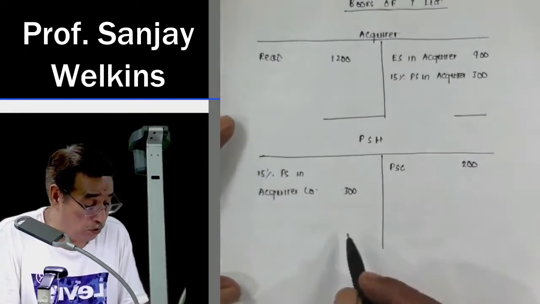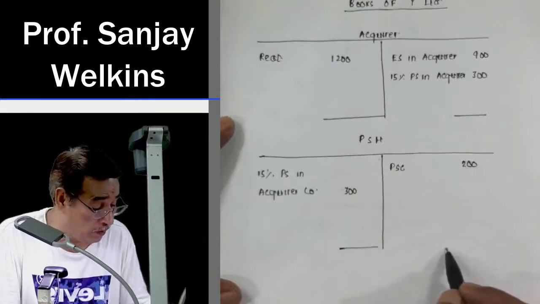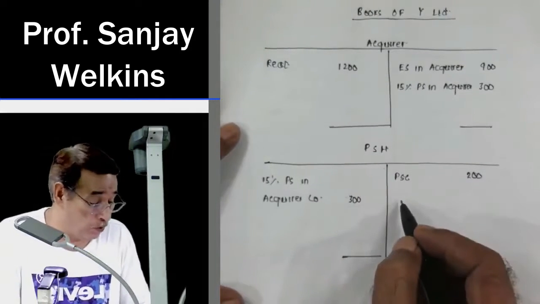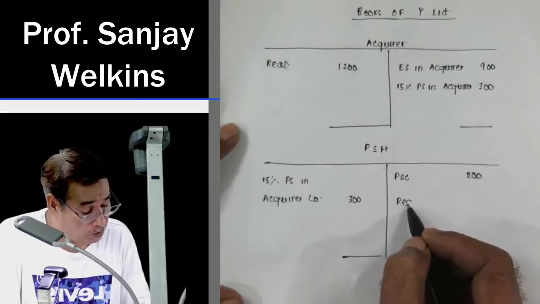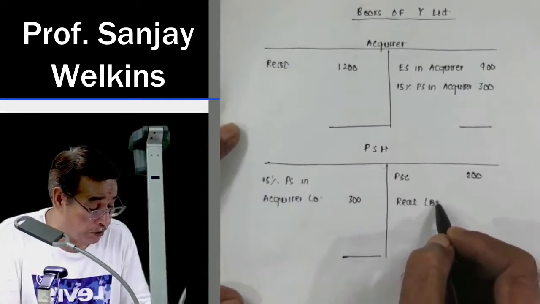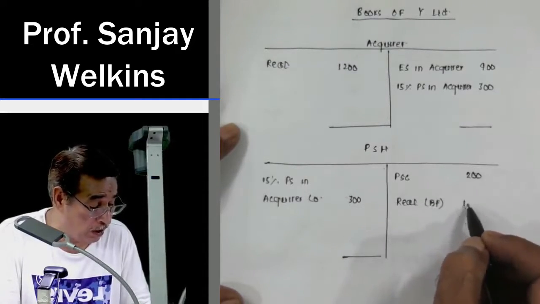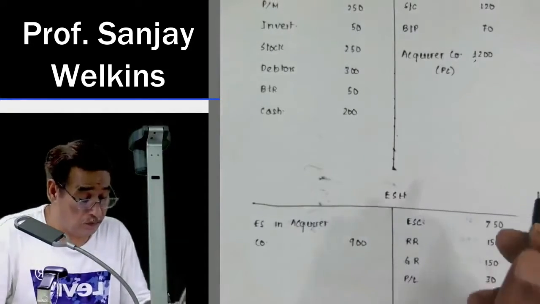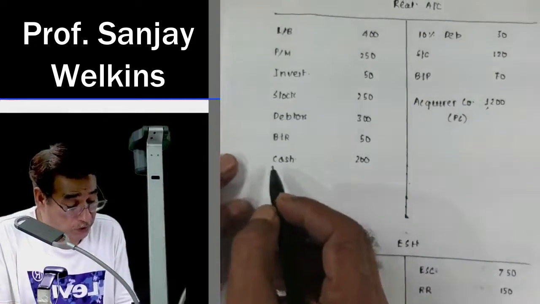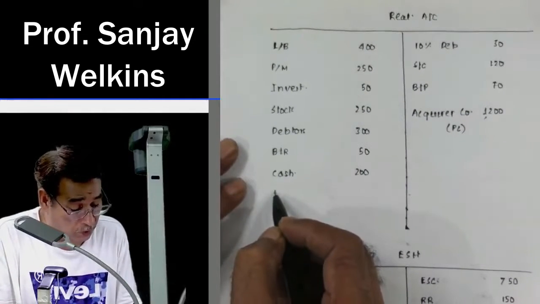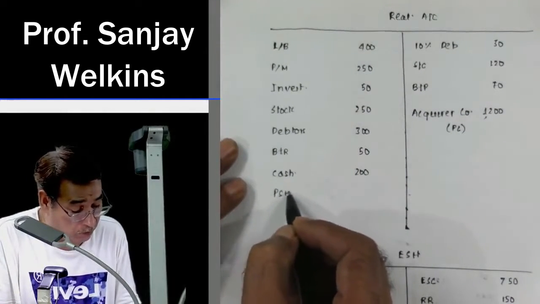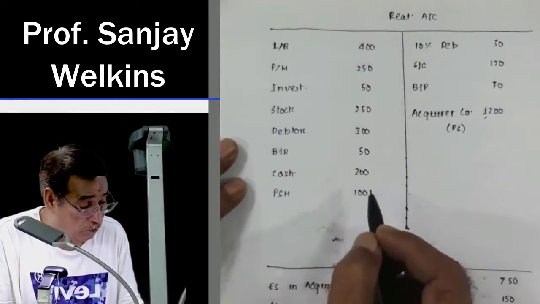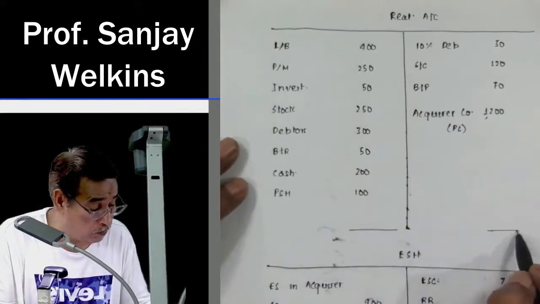Now preference shareholder account must get immediately closed, correct? So whatever balance will be there, you will have to take it to the debit side of realization account. Again, it is a loss. And towards the debit side of realization, I am going to write to preference shareholder 100. Now we will close this account also.